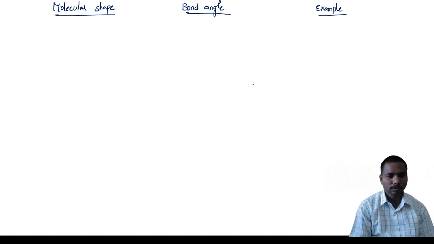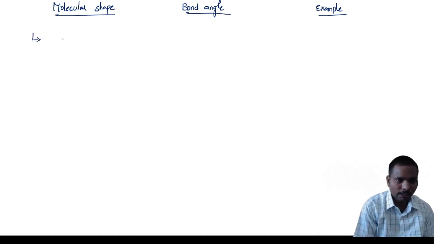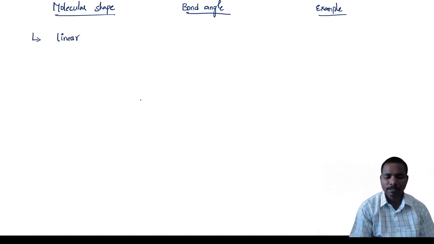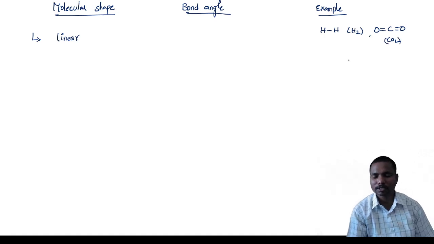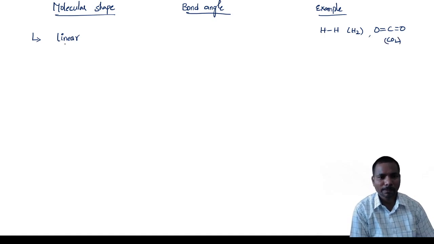If you consider a linear shape, linear means straight line. For example, hydrogen H2 and CO2. They will ask the question that the molecular shape of CO2 is linear, and the molecular shape of hydrogen is linear.